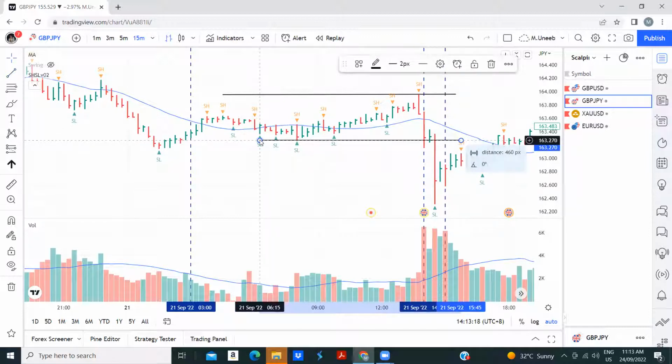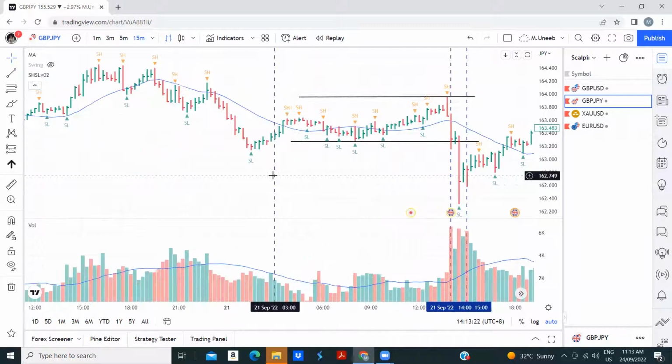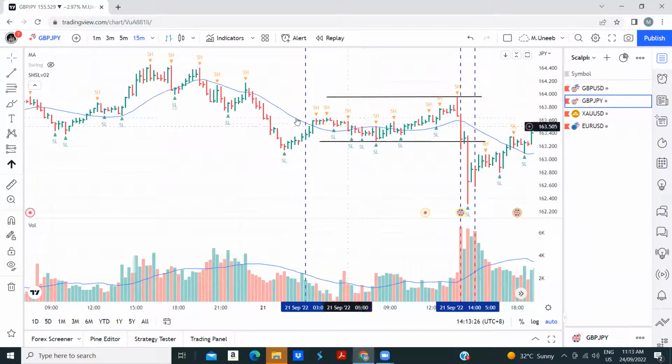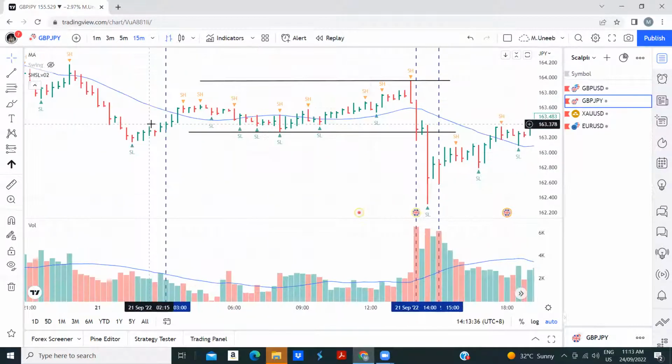Now again, how the price is moving, the same thing here. I can see swing high, swing low, but no major volume, right? No major volume. So this should be redistribution, right? Okay. And now, just before London Open, what do I see?